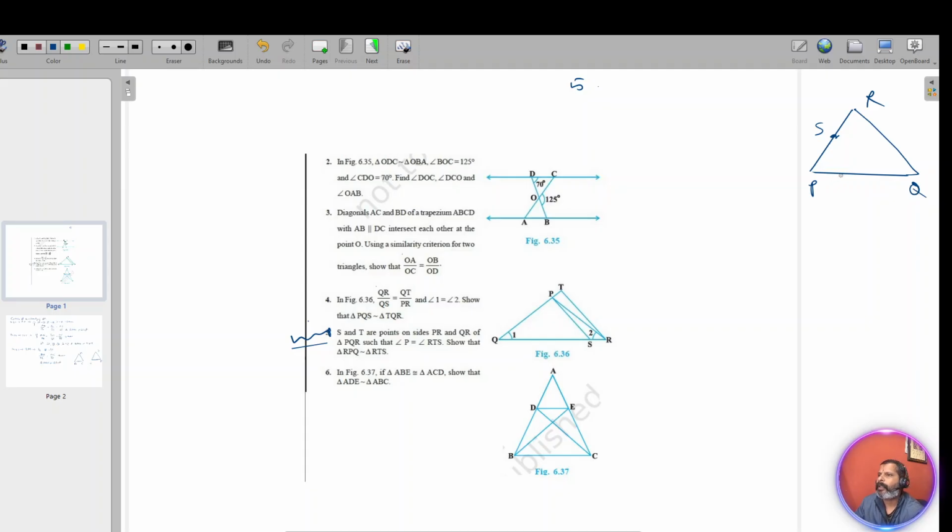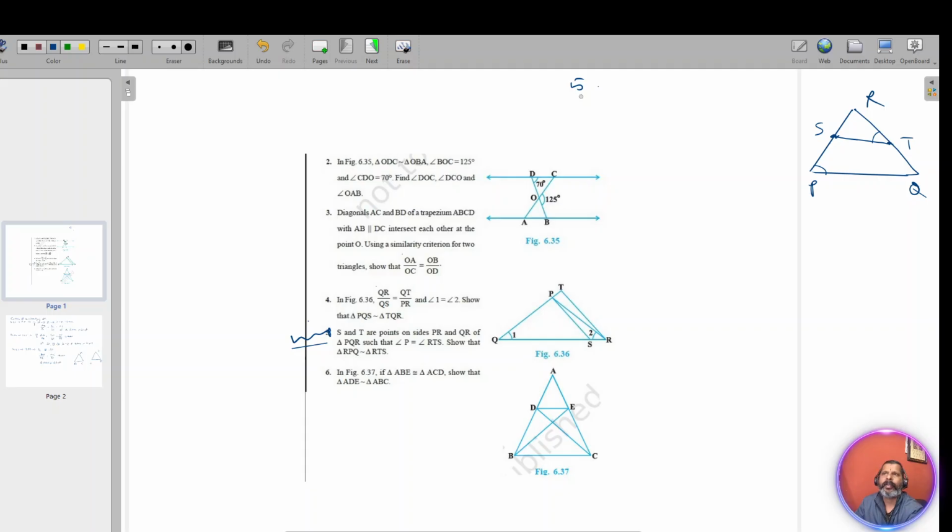S is on PR, T is on QR. Means I'll just take T here. Just join them. They have given angle P is equal to angle RTS. Show that RPQ, big triangle, and RTS, small triangle, are similar.